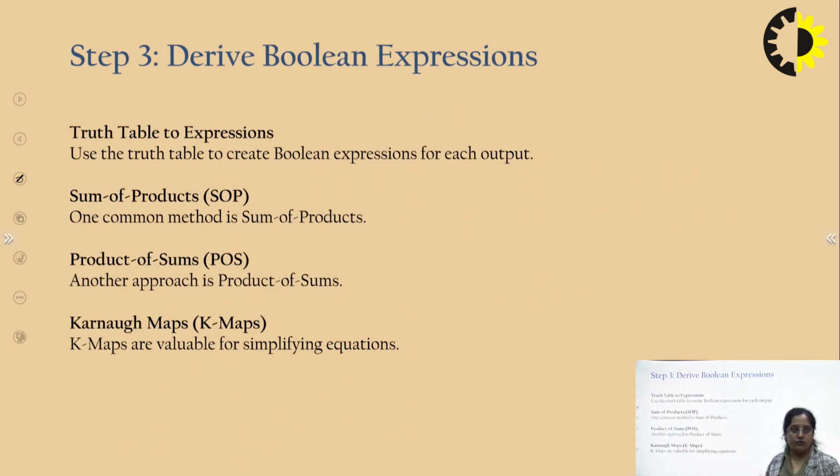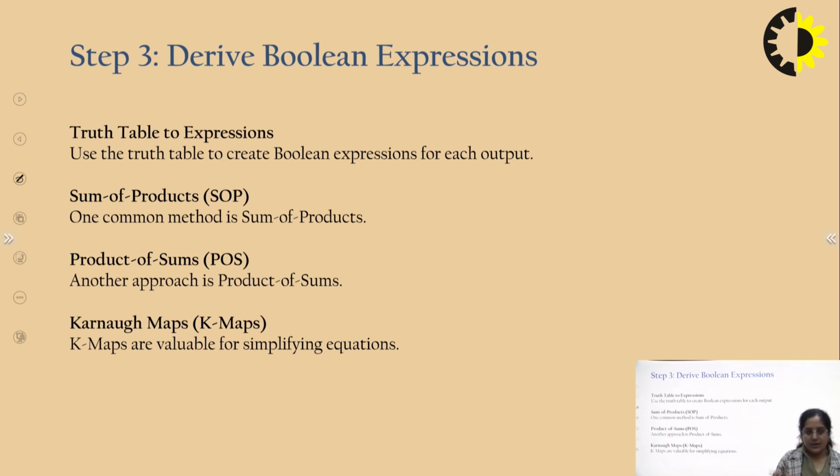So we have to find the sum of product form, or we can decide it for product of sum form. If we go with sum of product, we have to find the min terms for which our output is high. And in case of product of sum form, if we have to draw it through NAND gate, then I have to make a group of min terms, or we can say max terms, for which my output is low, 0.